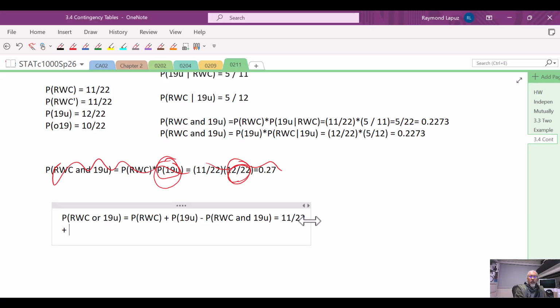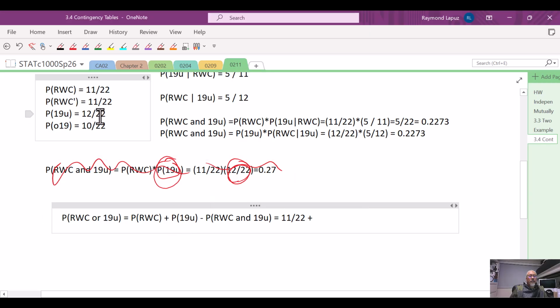And then we're going to add the probability that somebody was 19 and under. That's 12 over 22. And then we're going to subtract the probability of the AND, we calculated that already. That's 5 out of 22.